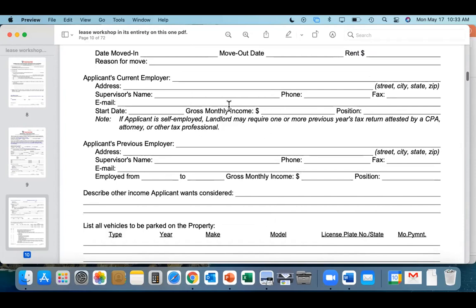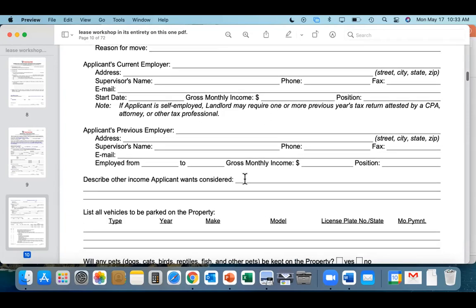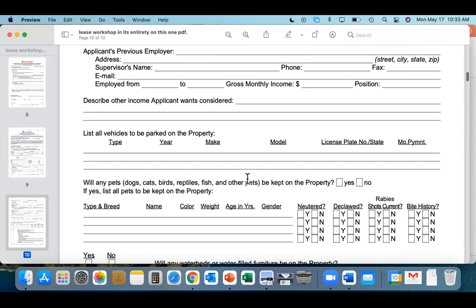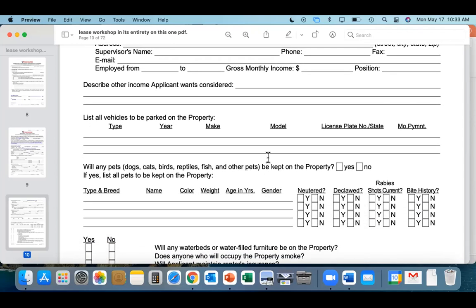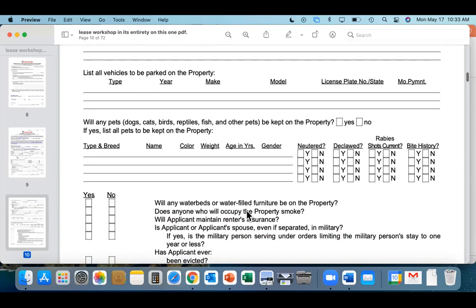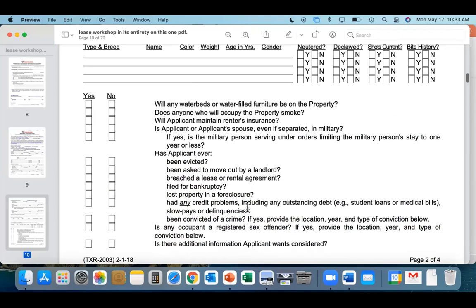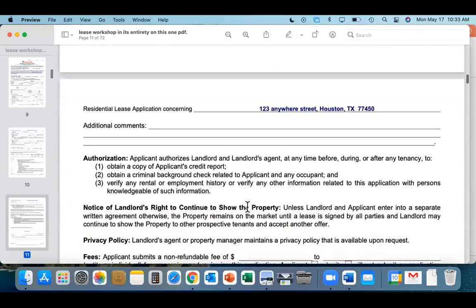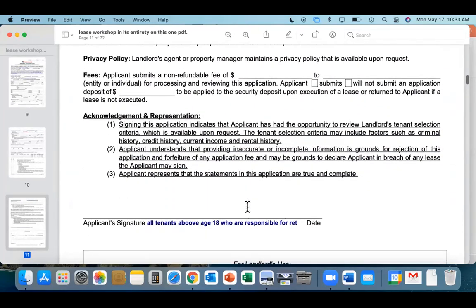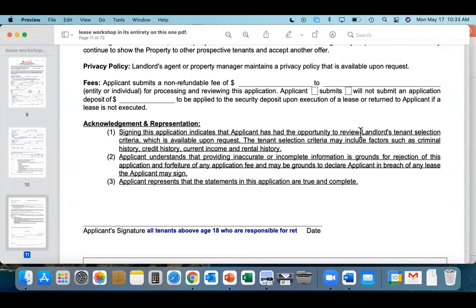They'll have to talk about their current employer and previous employer. They have to list all the vehicles that are going to be parked on the property. And then they have to list any pets that they're dealing with. And then this section talks about fees.